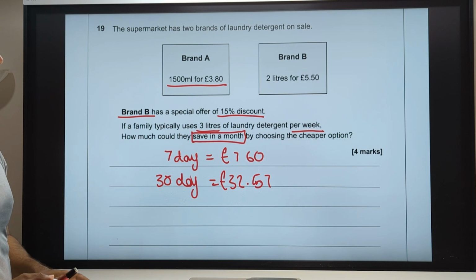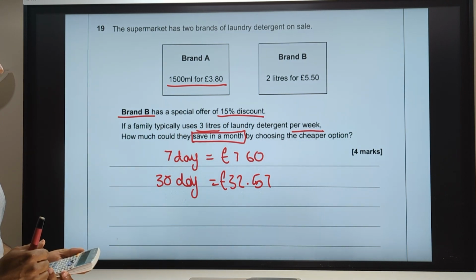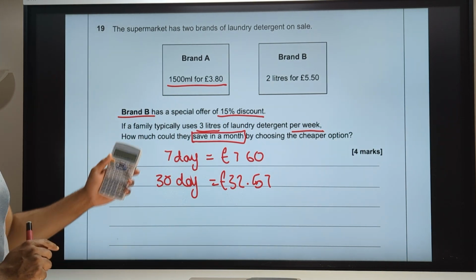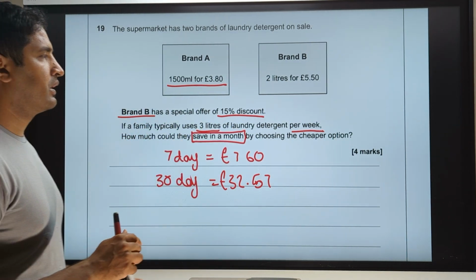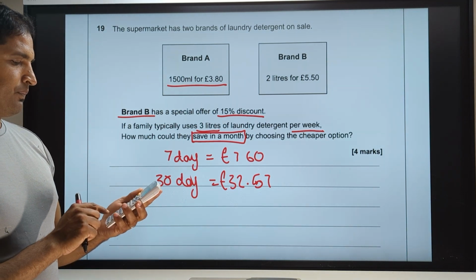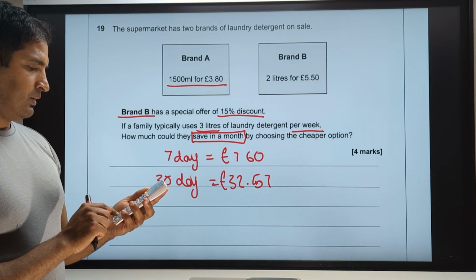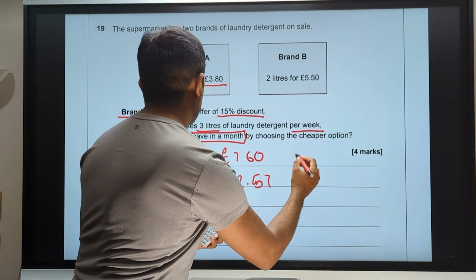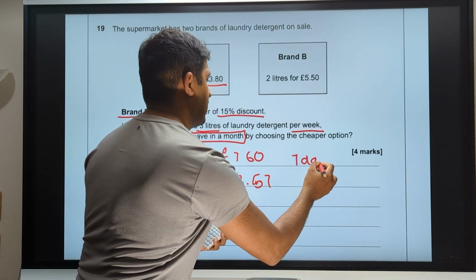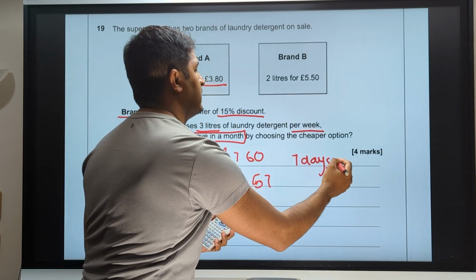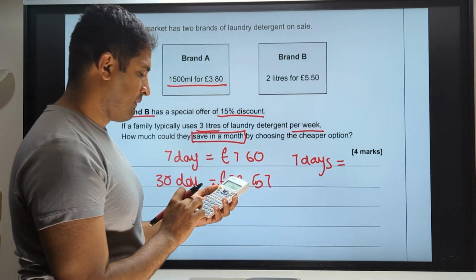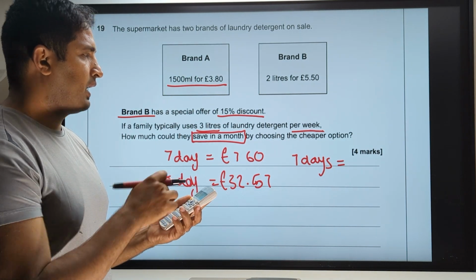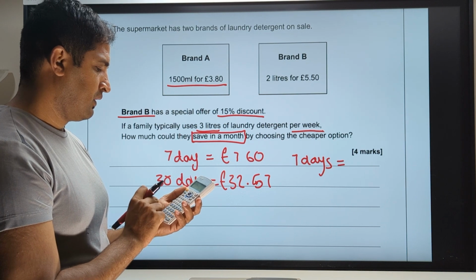Now brand B, 2 liters for £5.50. Okay? And we get 15% discount. So obviously they're using 3 liters per week. So we're going to be looking at 7 days for brand B, and we're doing half of 550 and add it on to 550.